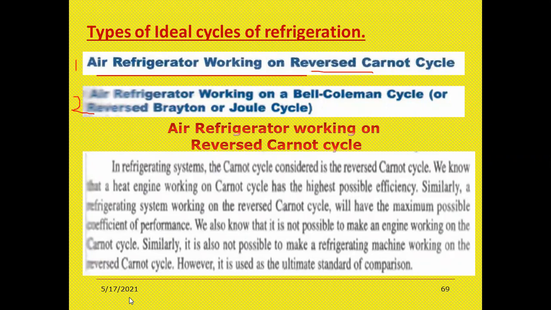The refrigerator generally uses two types of cycles: one is a reverse Carnot cycle and the other is a reverse Brayton or Joule cycle. The Carnot cycle and the Brayton cycle are generally used for both types of application, right?